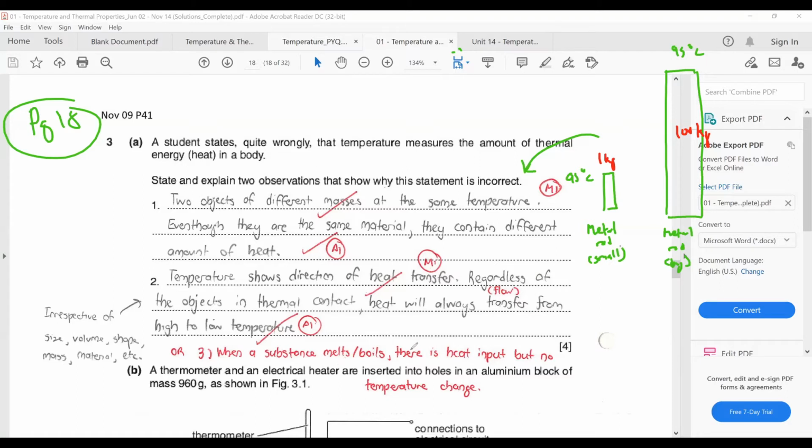When you melt or boil a substance, you know that you need to put in heat energy to it, right? But does the temperature change? For this example, if I have a block of ice and I melt it to become water, at melting point this one is 0 degrees. It will become water at 0 degrees also, right?